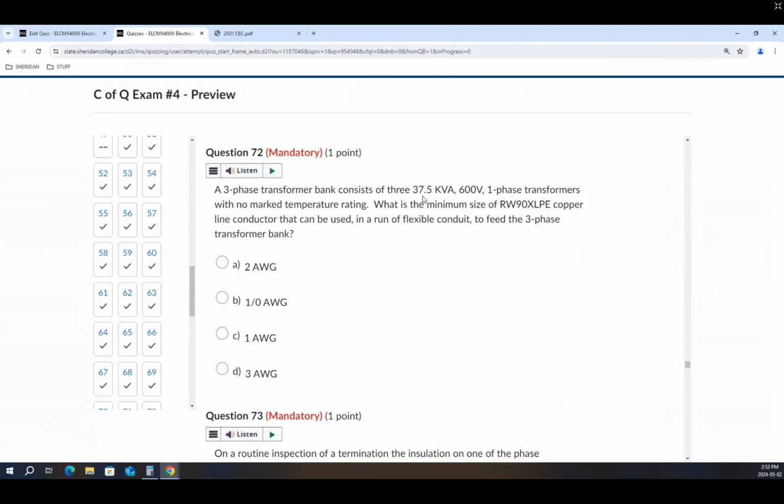Question 72. A three-phase transformer bank consists of three 37.5 kVA 600-volt single-phase transformers with no marked temperature rating. What's the minimum size of RW90 copper that can be used to run a flexible conduit to feed the three-phase transformer bank?